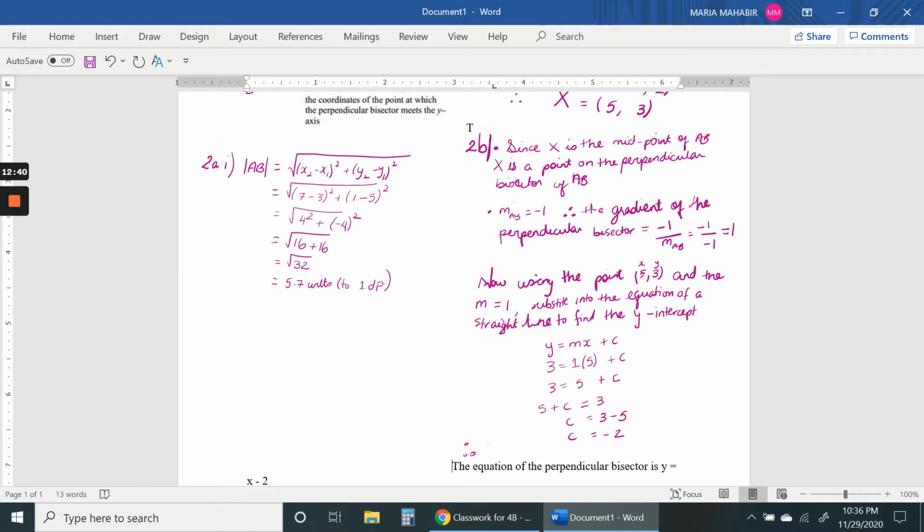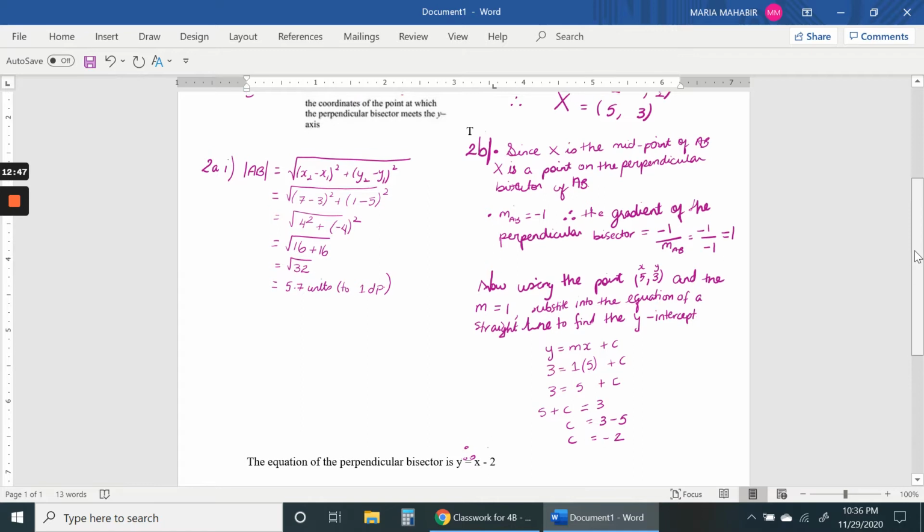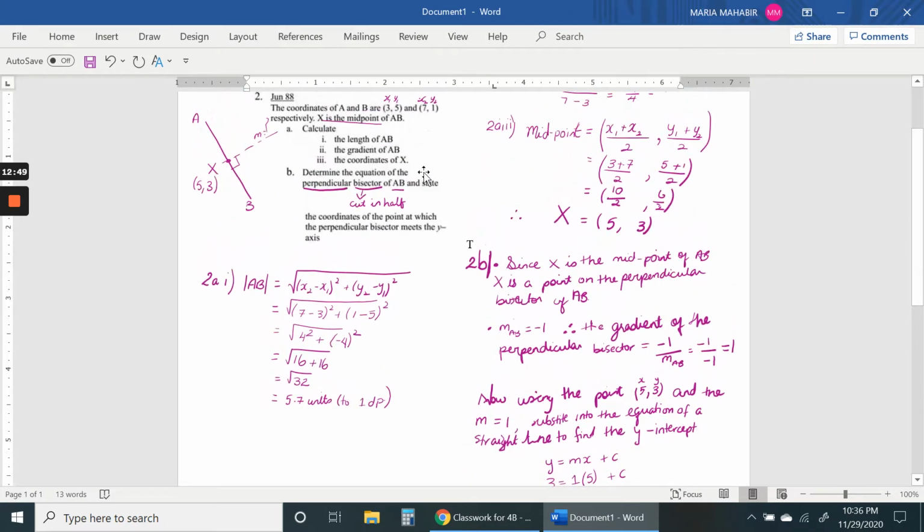But we have to make sure we actually answer the question, because the question asked to determine the equation of the perpendicular bisector, so we did that, and then they want us to state the coordinates of the point at which the bisector meets the y-axis.